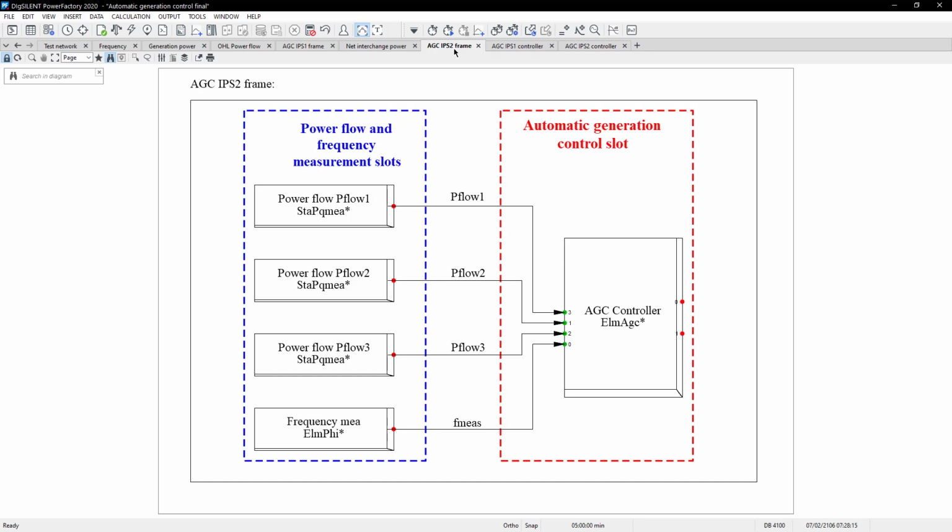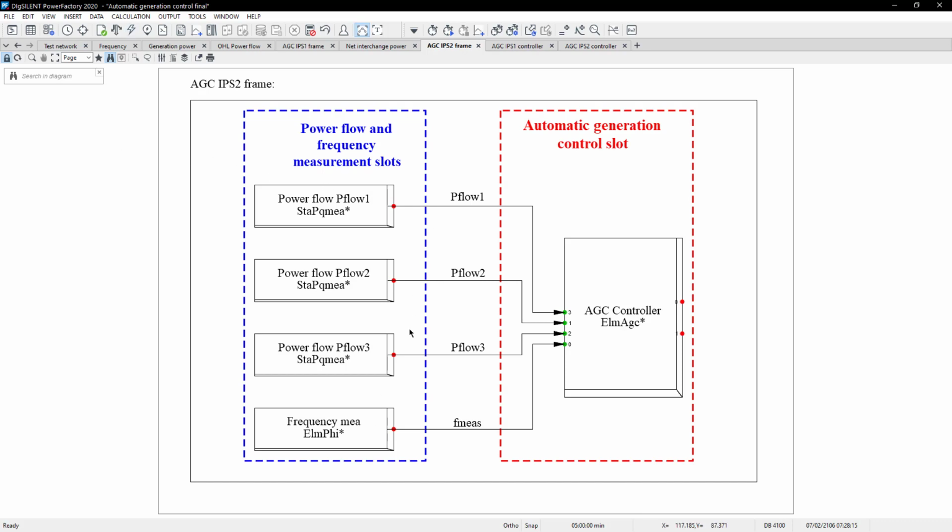But here what you can see is basically one of the frames. Remember that when we are using DSL inside PowerFactory, there are different types of objects. Some objects receive the name frame, and some others receive the name block definition, and then there is the interface with the user, and that is the DSL element, okay? Over here, what you can see is that we have some measurements.